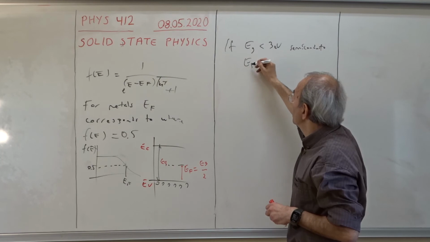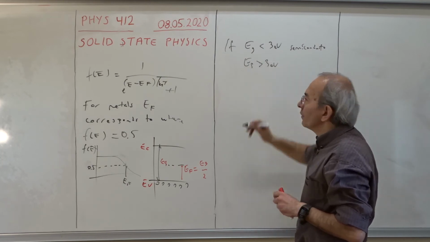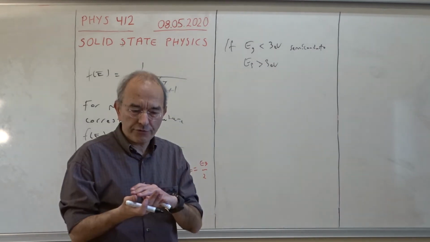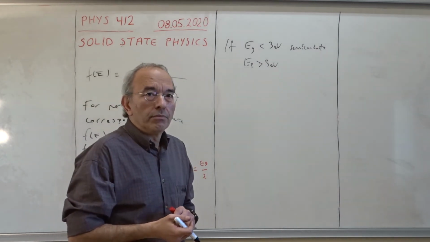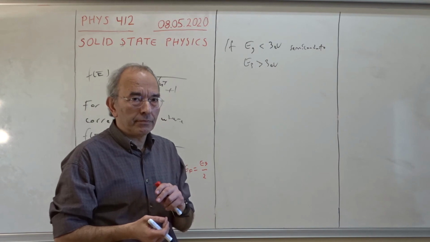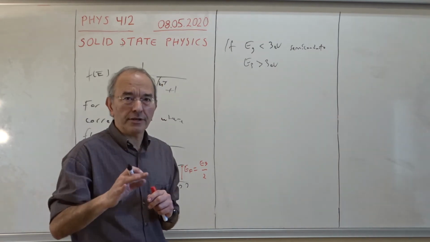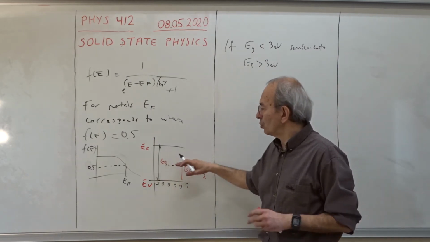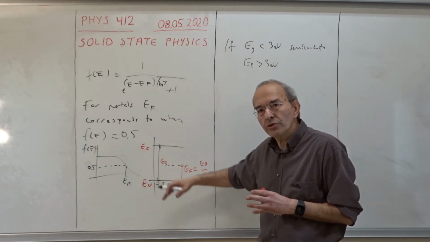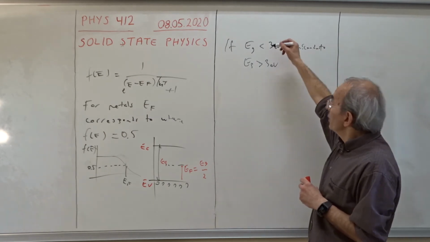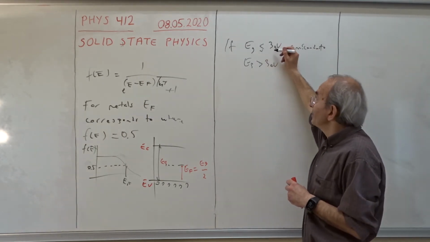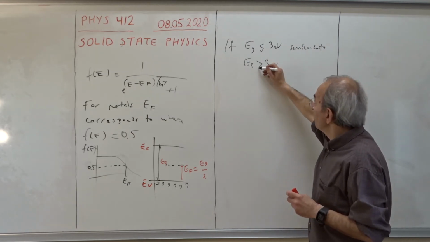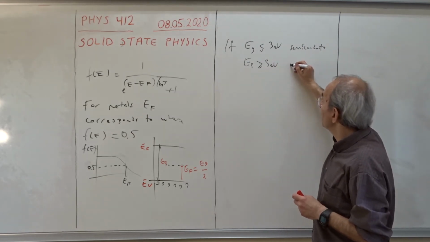There's no clear-cut separation between them, but roughly, if it is on the order of but less than 3 electron volts, it's called a semiconductor. If it is greater than that, it is called an insulator.